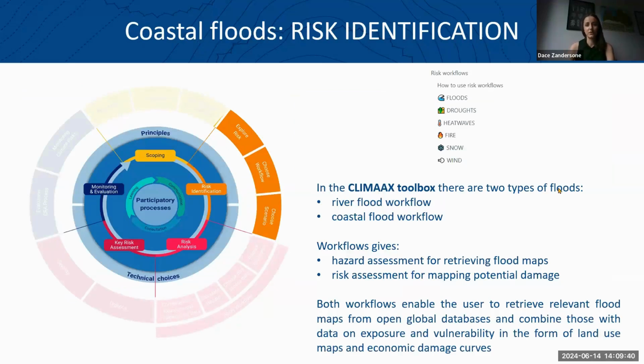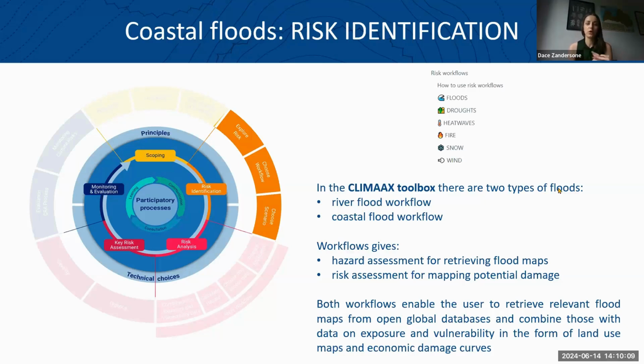Then the next phase is risk identification. And here the CLIMAAX toolbox comes into the game, with different workflows about floods, droughts, heat waves, fire, snow and wind. If we're looking at this specific coastal problem, then we can use the floods workflow, and that is what we are using.